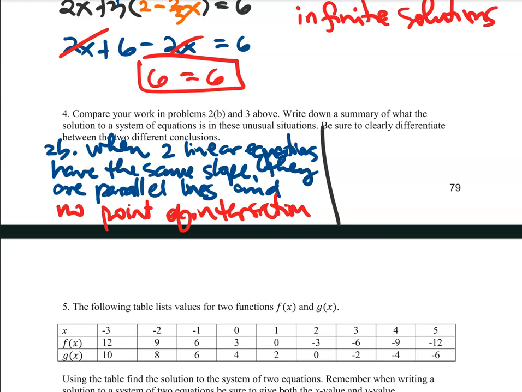So parallel lines do not intersect. So let's say this line and this line. So these are two parallel lines.